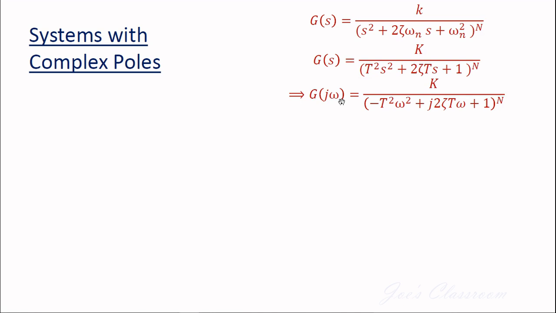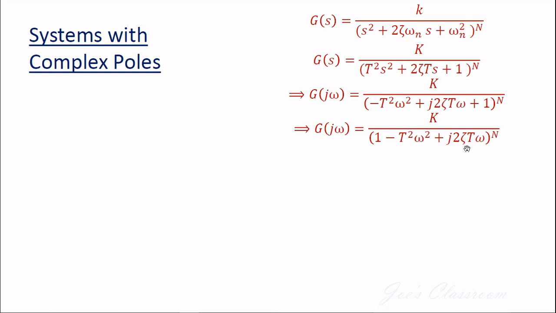So g of j omega is obtained by just replacing s by j omega, and j omega the whole square will result in minus omega square, and s will result in j omega. This has become a real term, and there is one more real term here. We will combine them together, 1 minus t square omega square, and this is the complex term.